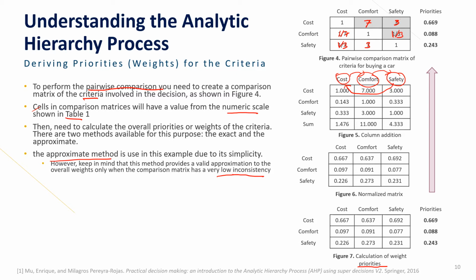Or the other way around, maybe it makes more sense for some people: when you say safety is more important than comfort, and comfort is more important than cost, later on if you say that cost is more important than safety, it doesn't make sense, because earlier you already said what the relationship is, so it's not consistent. So for this one, it is consistent because it doesn't look like this.